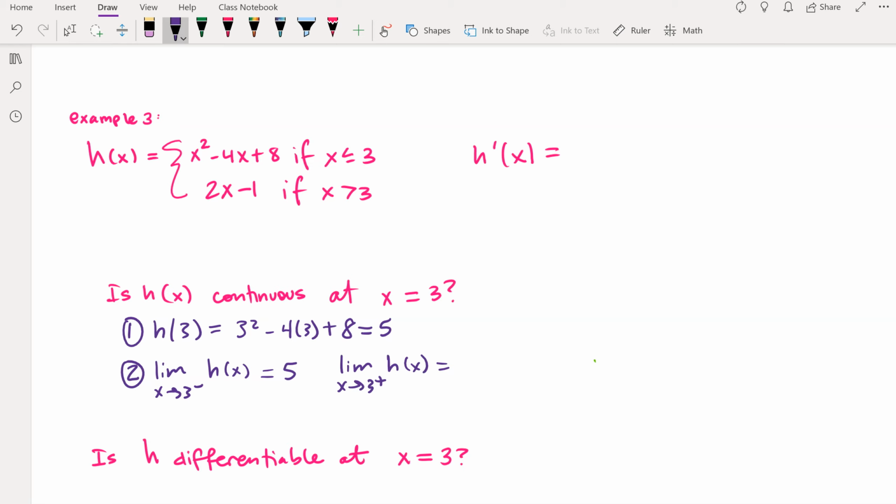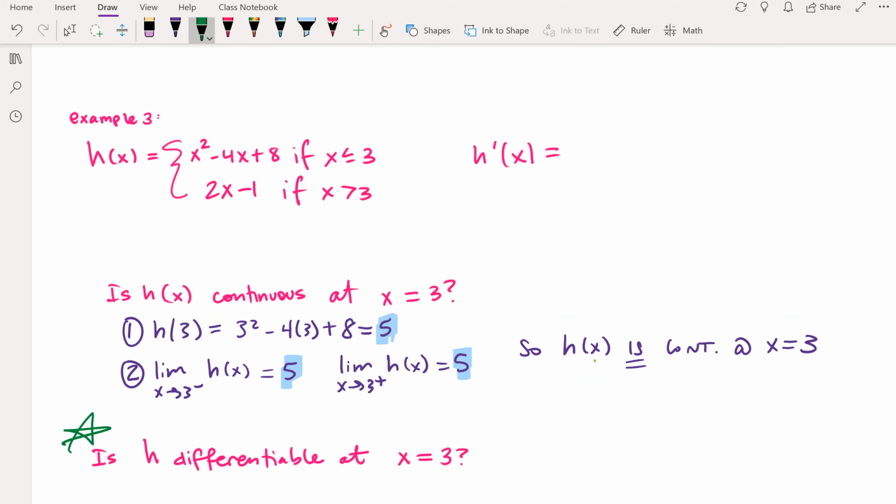That's 2 times 3, which is 6, minus 1, which is also 5. So these do match. That's good. And they also match with h of 3. So we're going to say h of x is continuous at x equals 3. Sweet. Let's move to the next question.